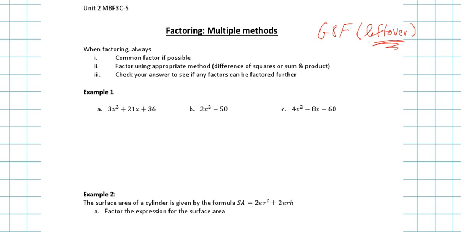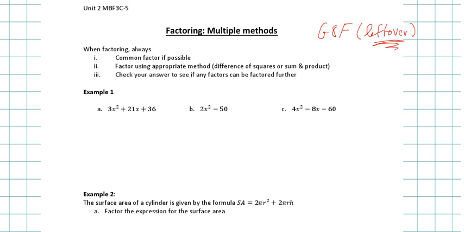Is my leftover a trinomial, so does it have 3 terms? Then I have to check if I can do the sum and product. Is my leftover 2 terms with a minus between them? Then I have to check if I can do the difference of squares. So it all depends on what you have as leftovers. But always you ask yourself, do I have a common factor?